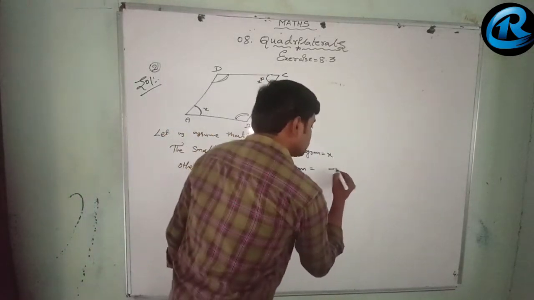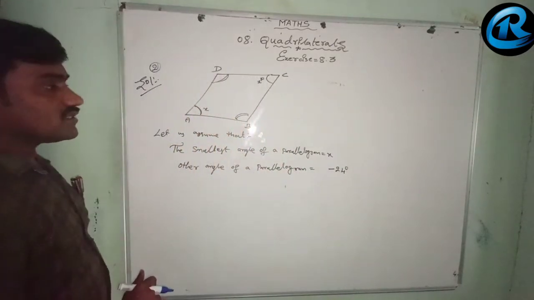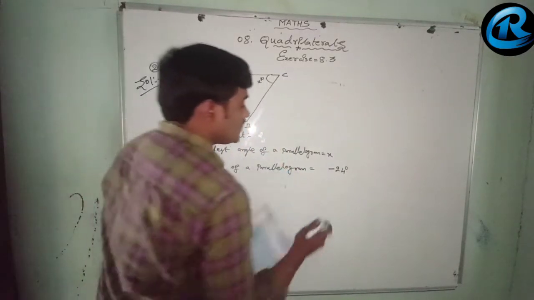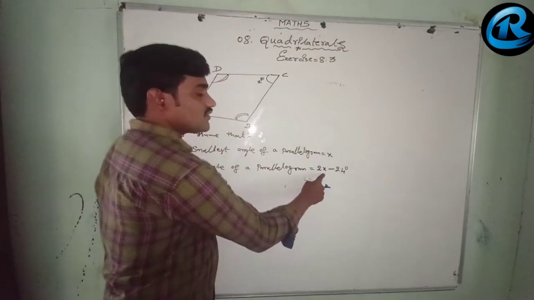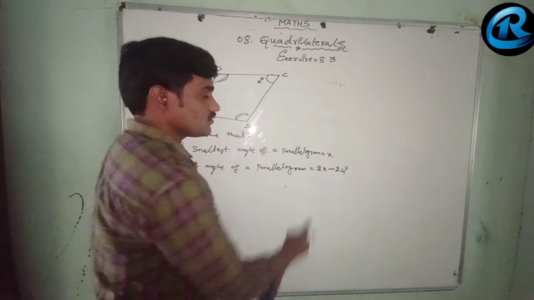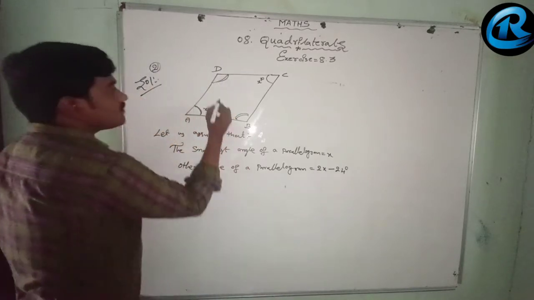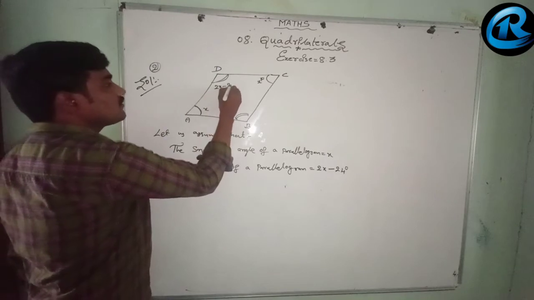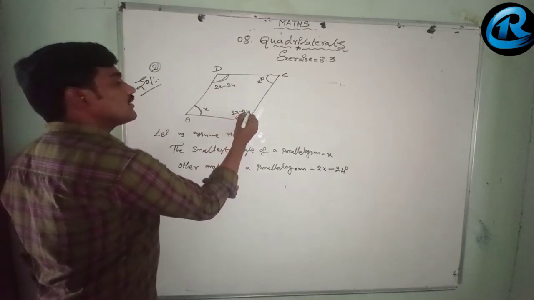Less in the sense minus. How much? 24 degrees less than twice of the smallest angle. The smallest angle is x. Twice of the smallest angle is 2x. So 2x minus 24. Then here this will be 2x minus 24, and here also it is 2x minus 24.